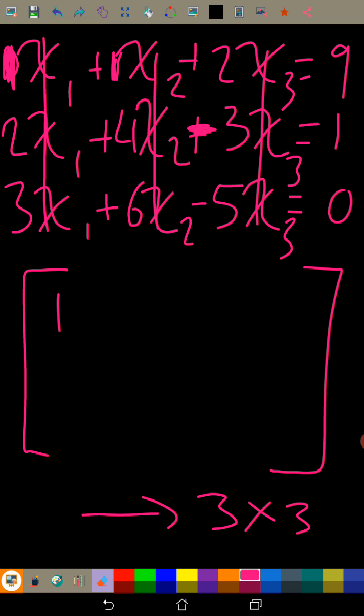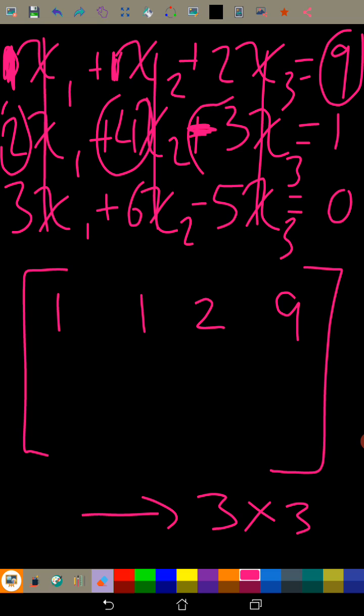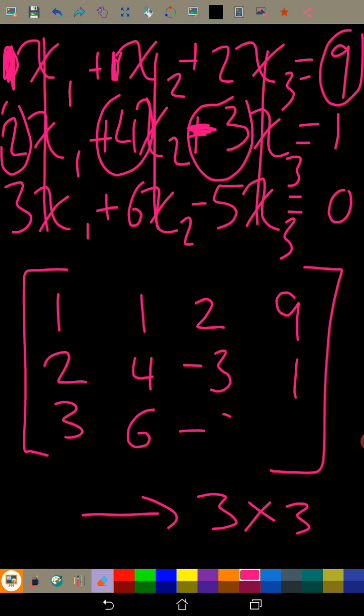It's going to be 1, 1, 2, 9. That's the number here. Remember, we don't put the arithmetic signs or the equal sign. Now we have 2, 4, minus 3, and 1. Then 3, 6, minus 5, and 0.